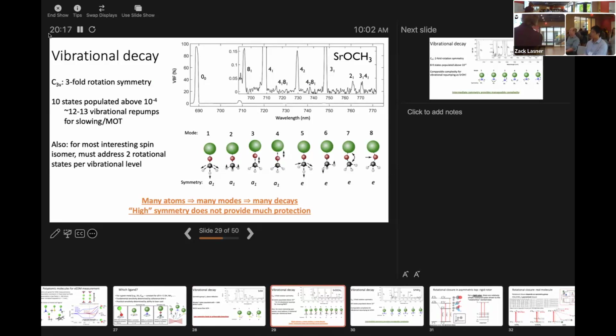For the most interesting spin isomer, we know from previous work that you have to address two rotational lines, so this sort of becomes 20 to 30 lasers to laser cool in that spin isomer. And so here, many atoms are bad because you get lots of vibrational decays, and the high symmetry doesn't really do anything to protect you from populating lots of these.